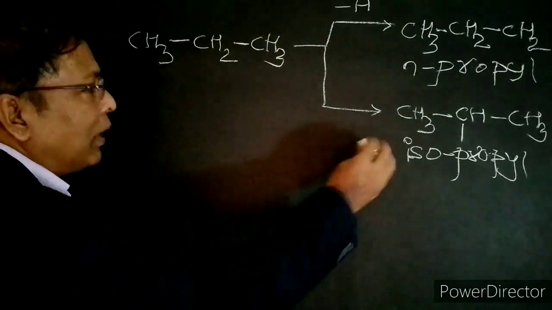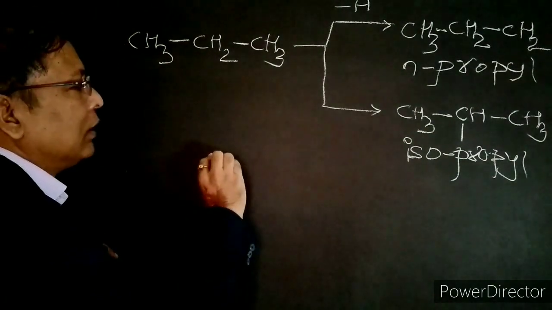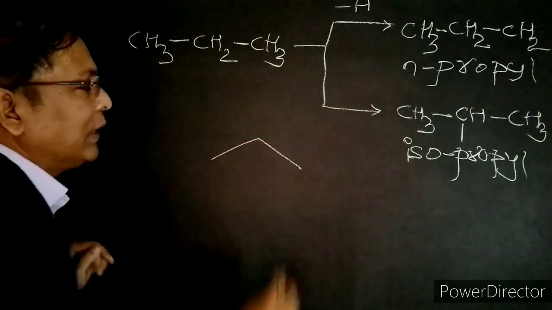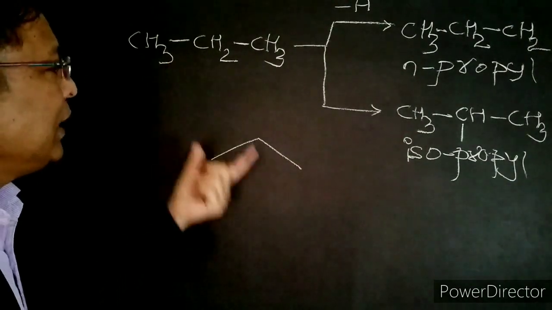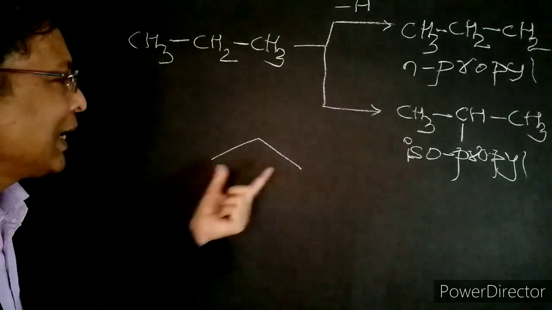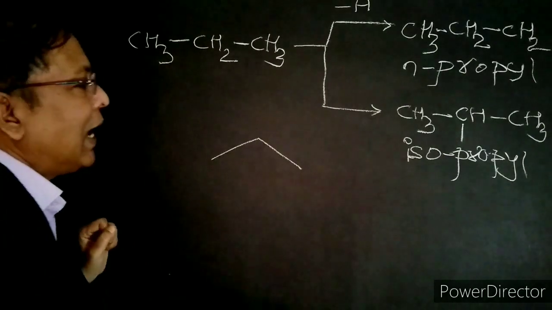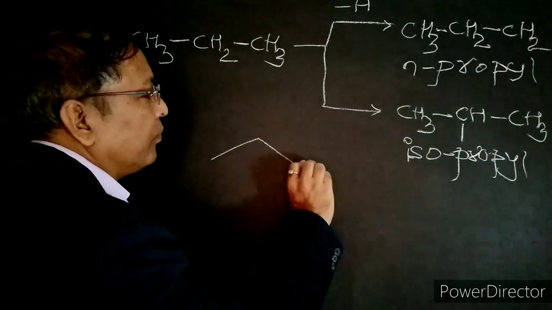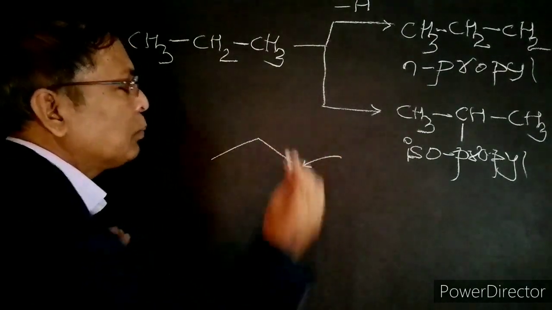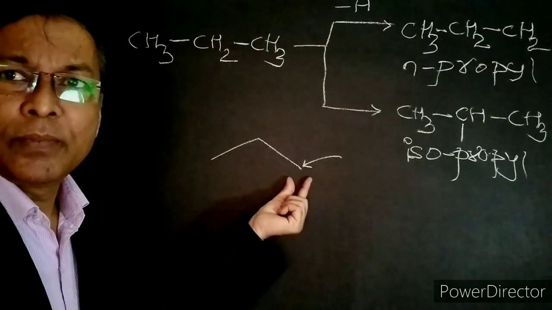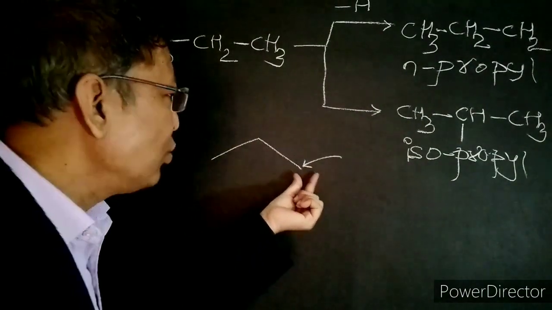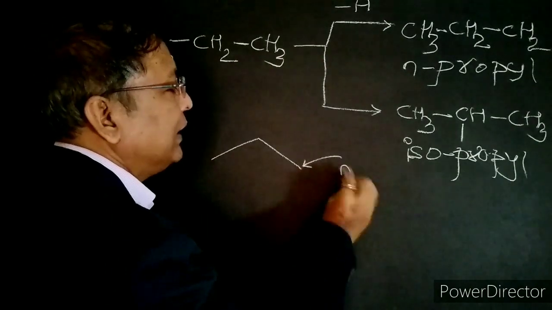Symbolically, with a bond line diagram, we can show propane like this. If you remove the hydrogen at this position and attach a halogen here, that is called N-propyl.